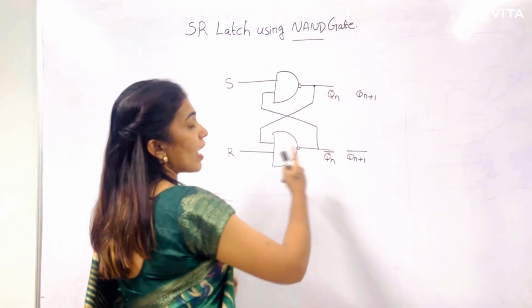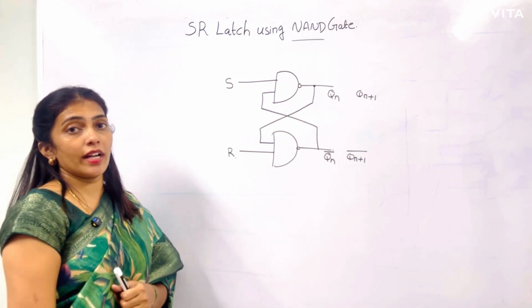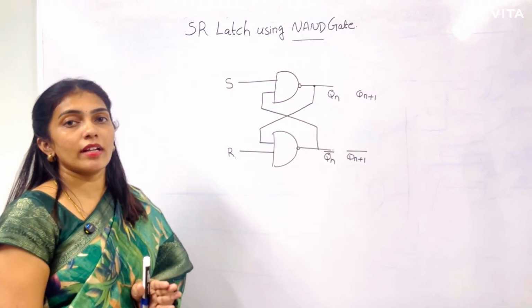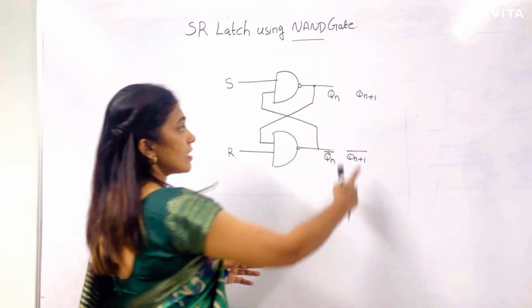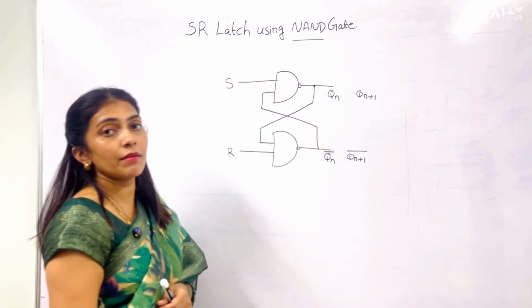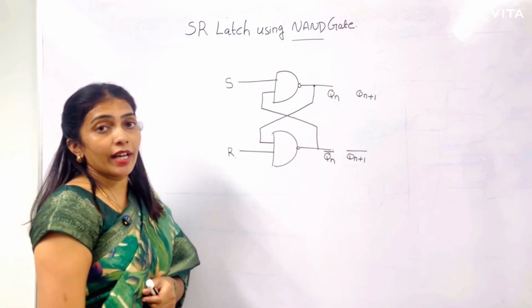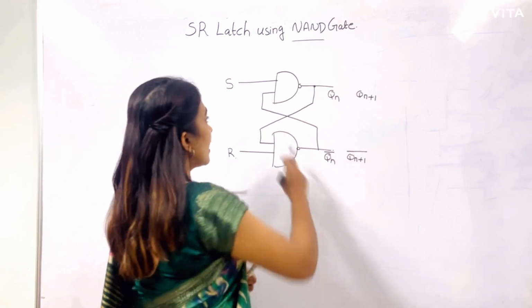Qn and Qn bar are the present state outputs. Our aim is to calculate the next state, that is Qn plus 1, and in complementary form, Qn plus 1 bar. So here we have to take the truth table. How many inputs are there?